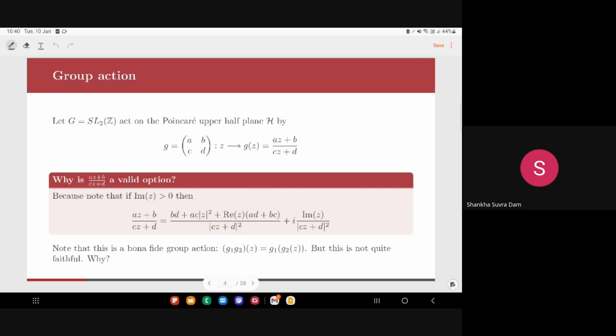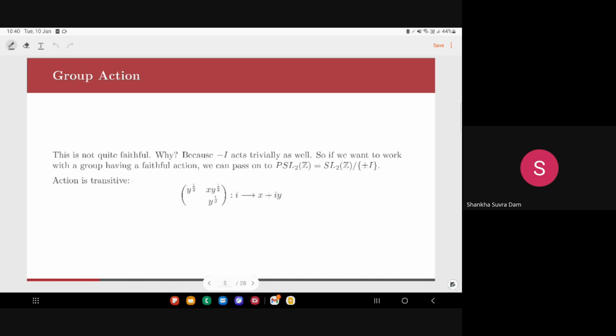Because basically in (az + b)/(cz + d), the ratio gets cancelled if we do that, right? So if we want to work with a group having a faithful action, we can pass on to PSL2Z, which is just SL2Z quotiented by plus minus identity.